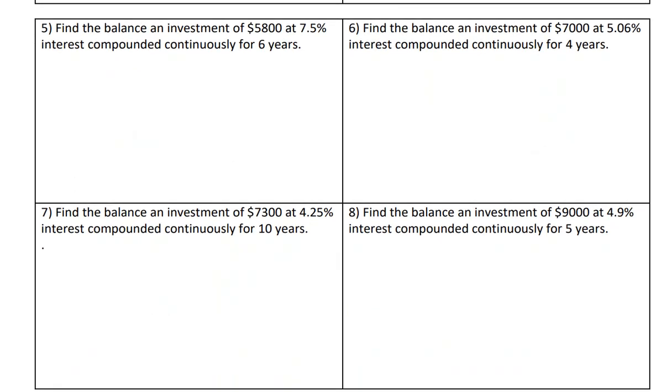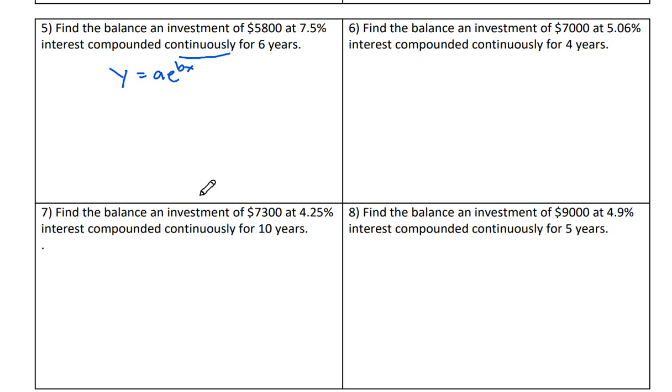In a compounded continuously question, which we see here in these four, I need to use this formula. A difference in this formula is not only the E, but the fact that I don't need to account for that 100% that the rate normally starts at.